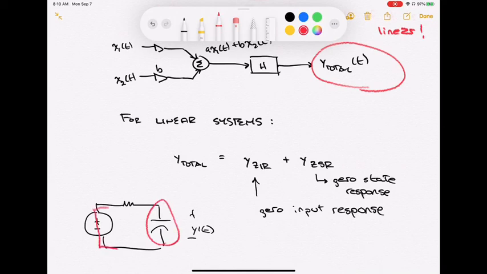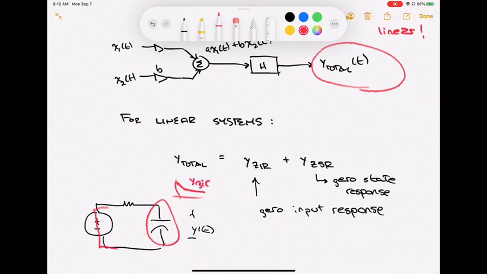That stored charge on the capacitor would cause it to discharge through the resistor. An initial storage of charge on the capacitor bleeds off through that resistor, generating an output because I already had energy in the system. This one is a zero input response, so that's YZIR.